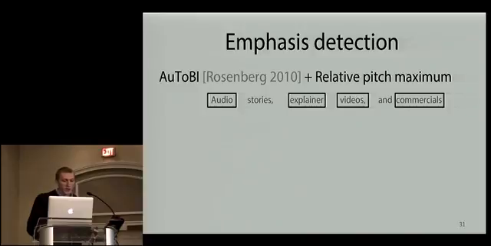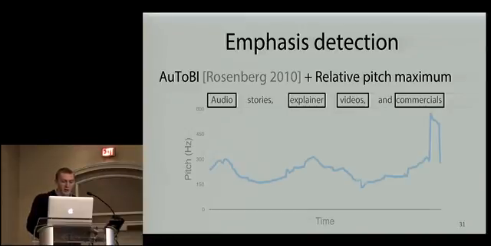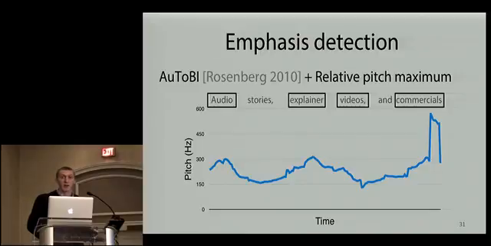But this isn't quite enough because sometimes adjacent words both have pitch accents, like explainer and videos here. But we only really hear the bigger one, the one that seems more emphasized. So we apply a second pass of comparing the pitch contour to make sure that each word has a greater pitch peak than its neighbors. So here we would mark explainer as emphasized, but not videos.